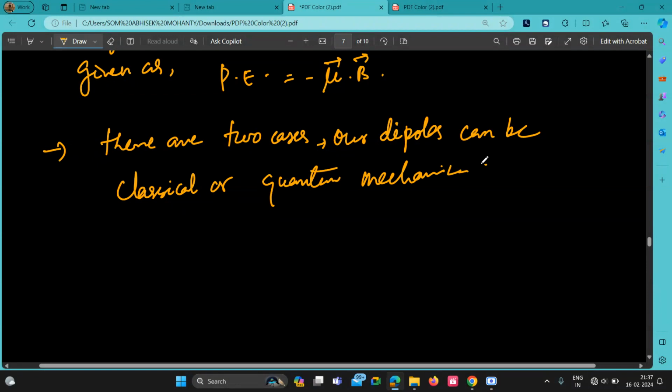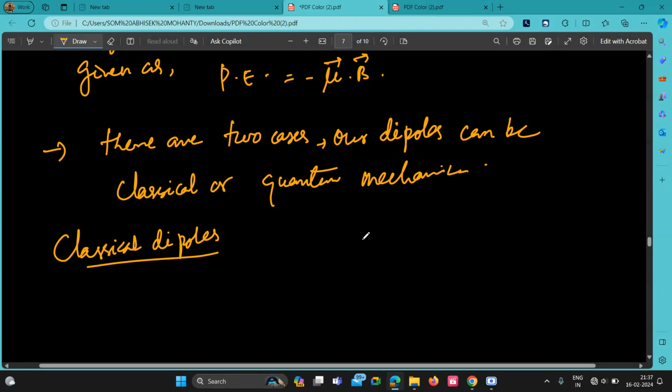Classical dipole means theta is a continuous variable, that means the magnetic dipole can be oriented at any angle with respect to the magnetic field.